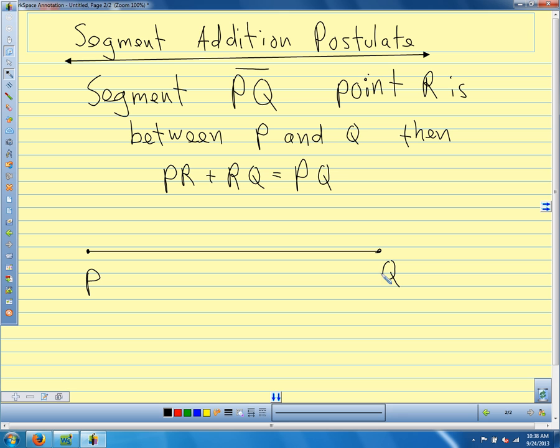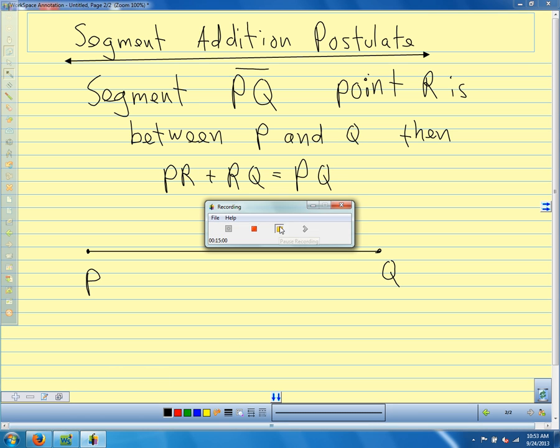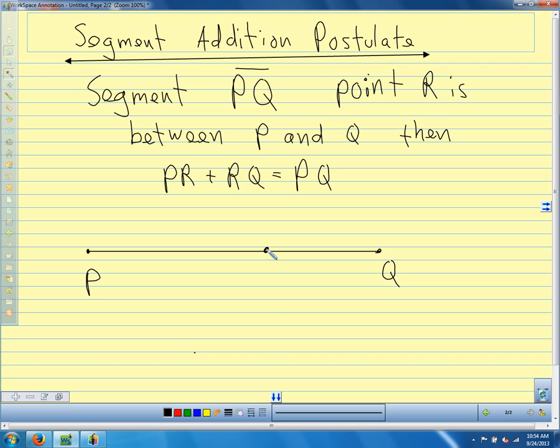So point R is between P and Q. So here's point R. So what this is telling us is the length of PR plus the length of RQ equals the length of the entire segment.